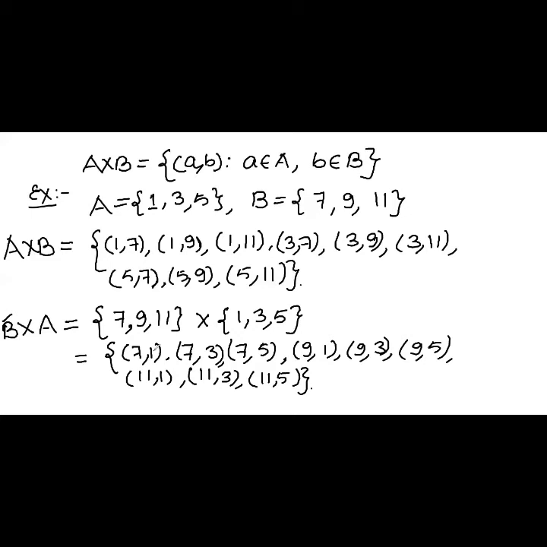So one result we are getting from here is that A cross B is not equal to B cross A. I hope it is very clear for you all, and the Cartesian product of sets is also very clear.